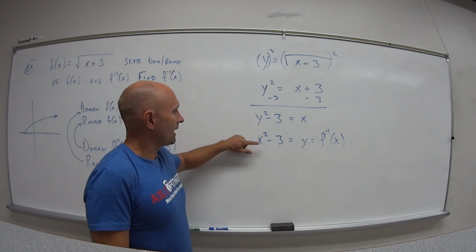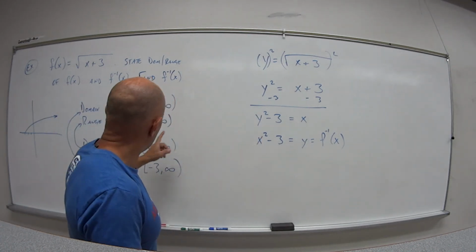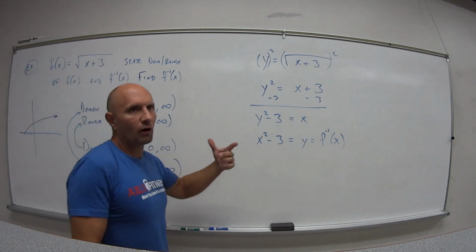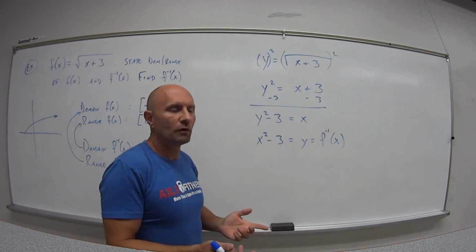And again, we have this x squared, but our domain is only going from 0 to infinity, because we saw earlier that a parabola is not a one-to-one function.